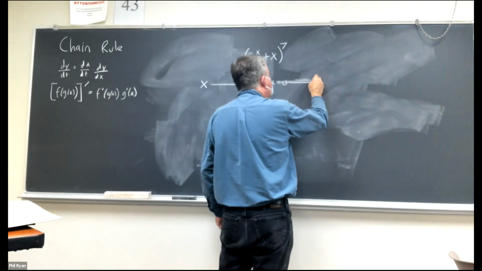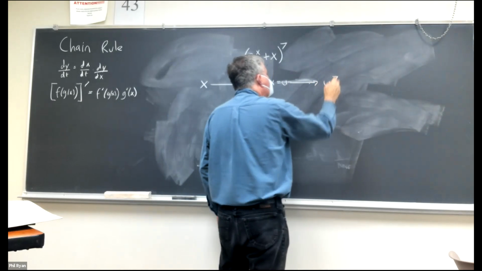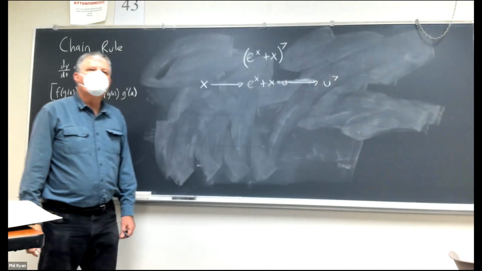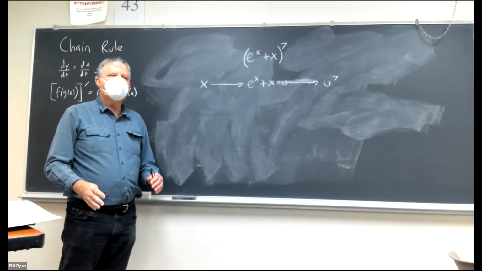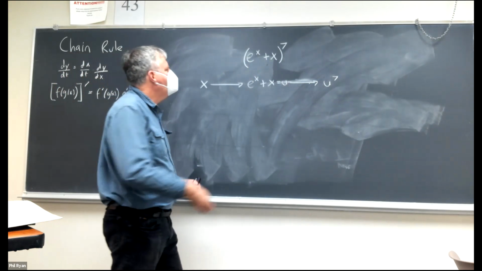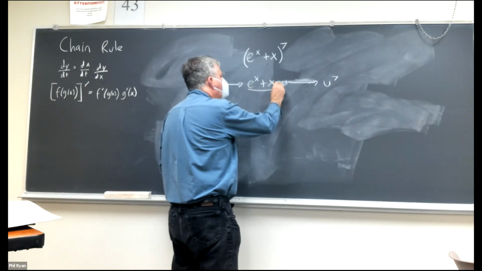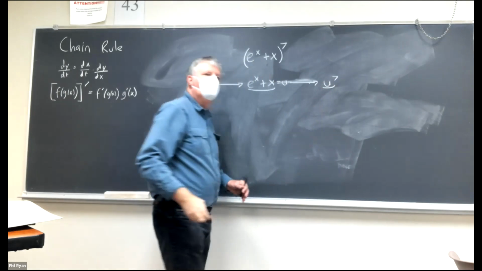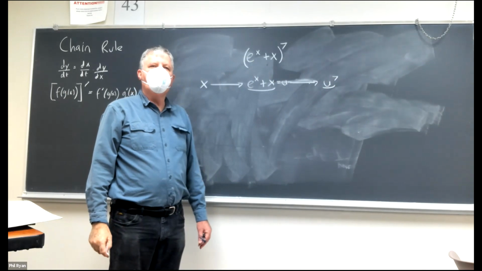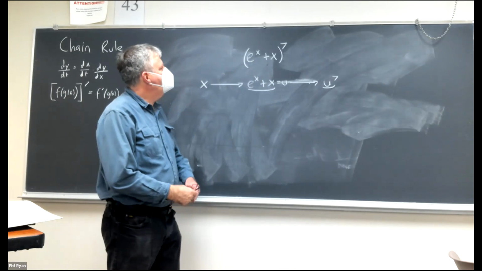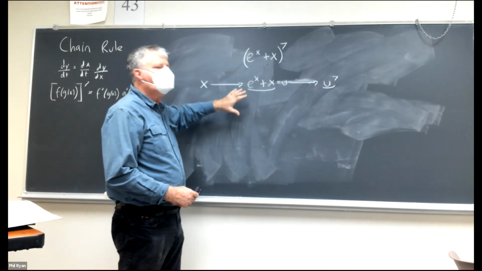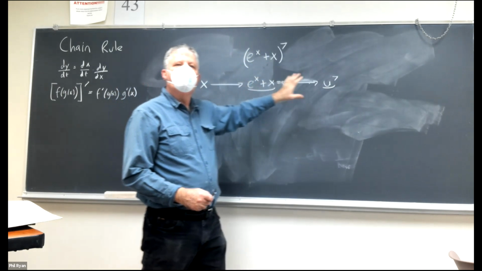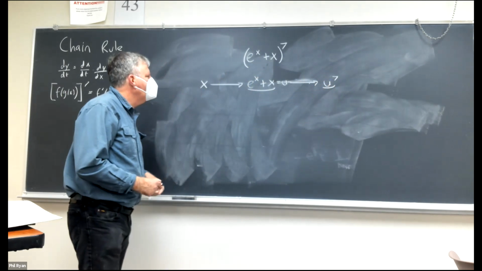And then we take this to u to the 7th. So what I've done is I've broken it up into tasty little morsels of the function, right? Because this bit and this bit are things that we know how to take the derivative of, even though we didn't know how to take the derivative of the whole thing. And since it's a chain, we just multiply those derivatives together.